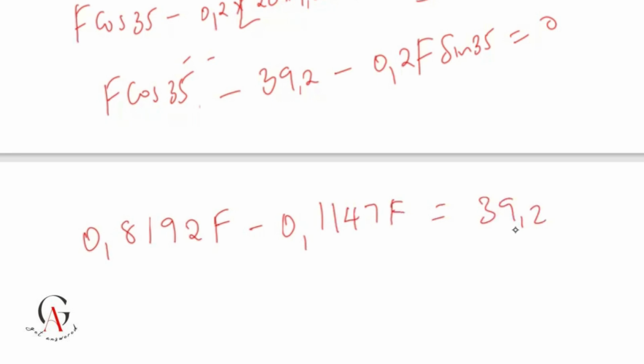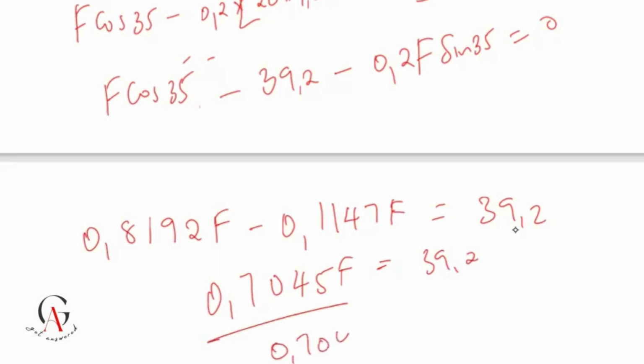When we subtract that, 0,8192 minus 0,1147, that's going to give us 0,7045F is equal to 39,2. Then divide both sides by 0,7045. That cancels that.